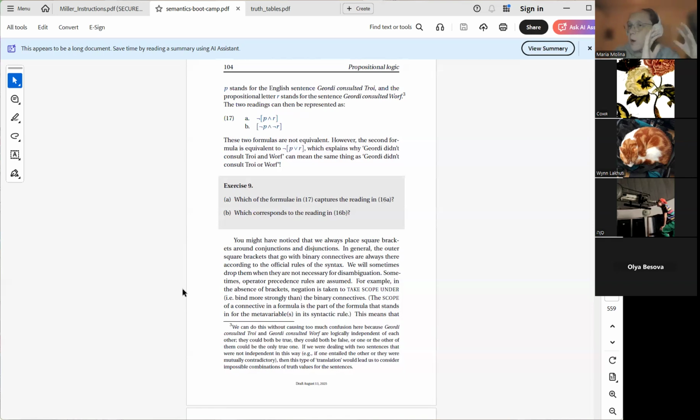So first we apply negation to the propositional letters, and only then we conjunct them.